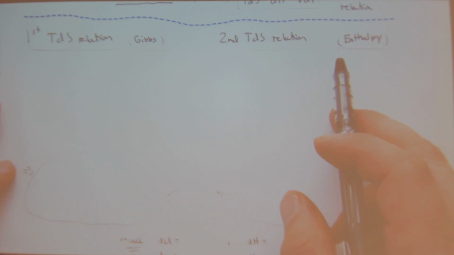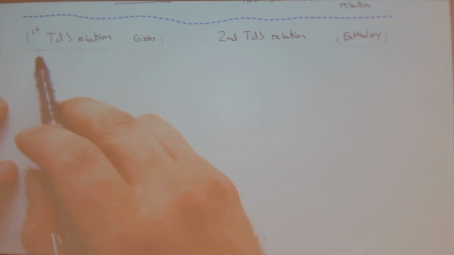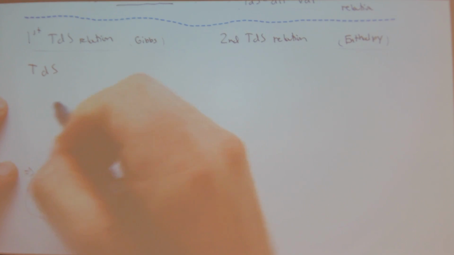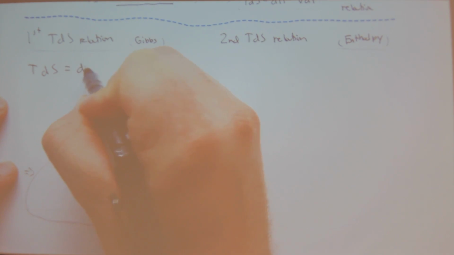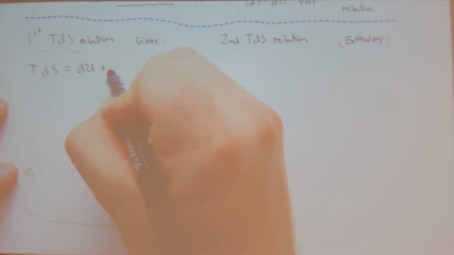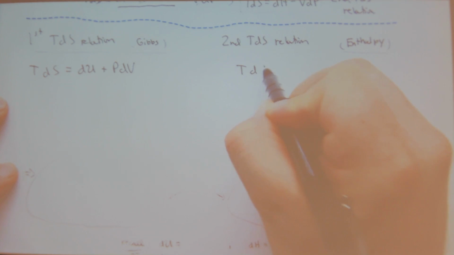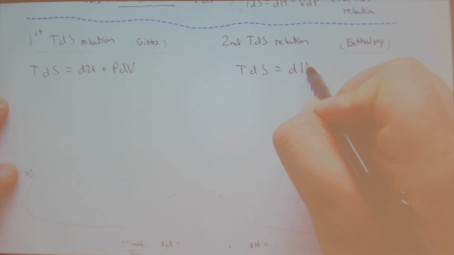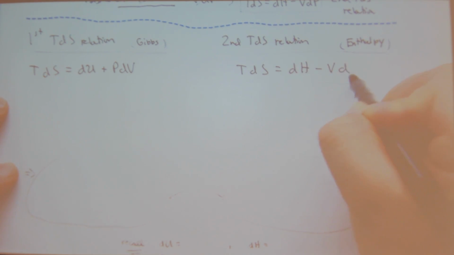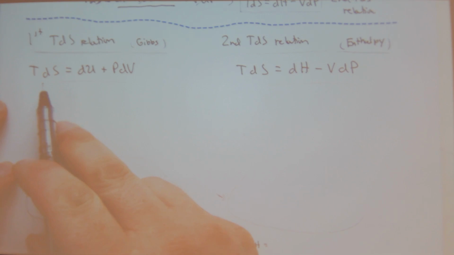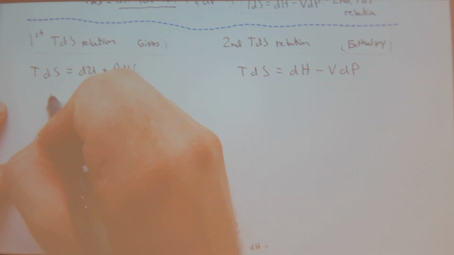So for the first T dS relation, I have T dS equals dU plus P dV. And the second T dS relationship, I have T dS equals dH minus V dP.